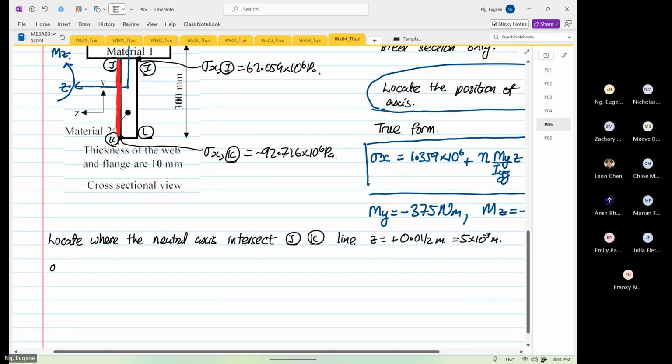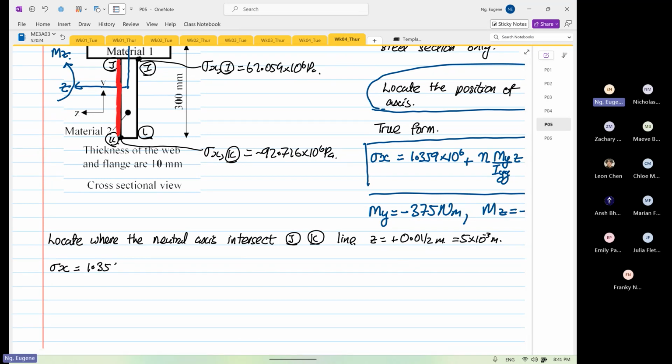Stress X is equal to 1.359 times 10 to the power 6 plus My over Iyy multiplied by Z. Now this Z is positive.